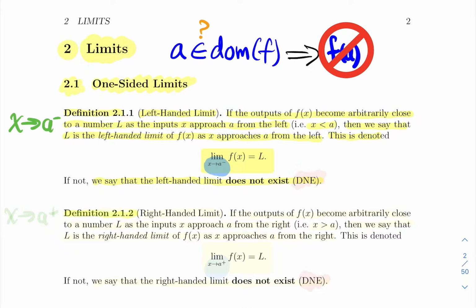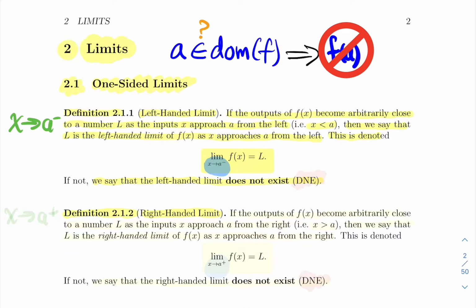The next definition is the right-handed limit or the right-sided limit. So here it's very similar to the left limit. We're looking at the behavior of the function for inputs getting closer to A, but now with numbers that are slightly bigger than A. The right-handed terminology here is really you're on the right side, so the numbers are bigger.